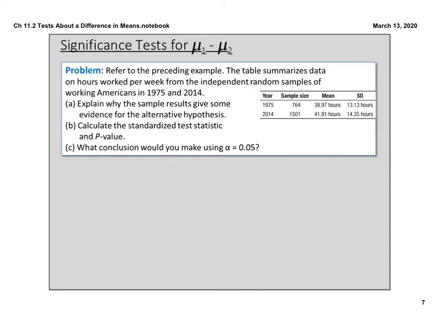So let's take a look at part B. Now we're going to do the actual test statistic. This is just practicing using the formula. Mu of 2014 minus mu of 1974, we already did this, is 2.94. So my t-test statistic looks like this. 41.91 minus 38.97, minus the parameter of 0.